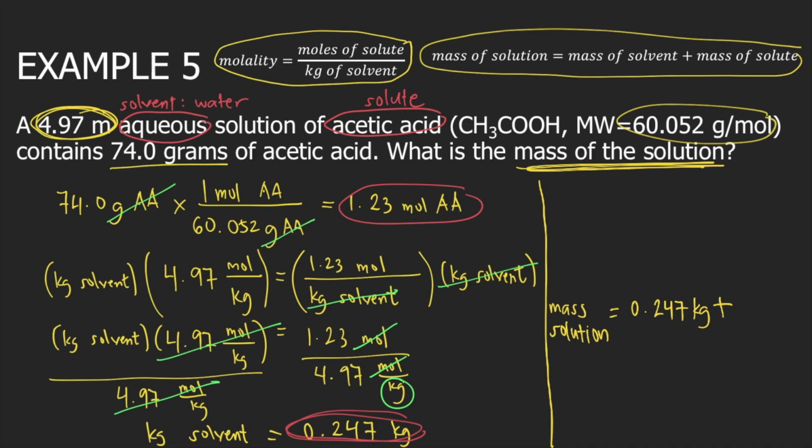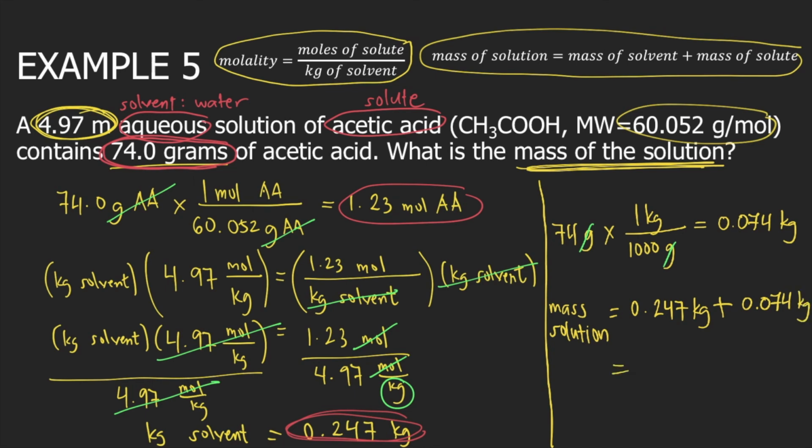If you read the problem, we are given the mass of solute, which is 74 grams. So to make the units uniform, we will convert 74 grams to kilograms. 74 grams, 1 kilogram is equivalent to 1,000 grams. So grams will cancel, and this is equal to 0.074 kilograms. So the mass of solute is 0.074 kilograms.